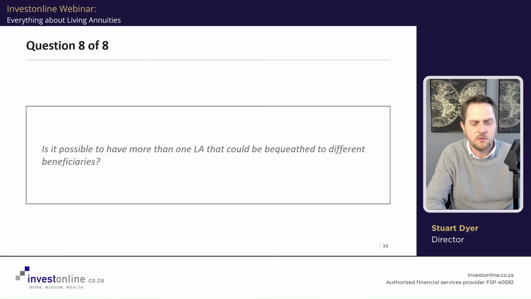You've got to look at your living annuities, your retirement funds, if you've got any local endowments, your offshore wrappers, and you've got to check your beneficiary nominations across all of them. Because that, at product level, is going to determine who gets your money in all these different situations. And that's what we do for people. And we obviously help with the calculation of estate duty and all those things. So, yeah, a living annuity can be bequeathed to different beneficiaries.